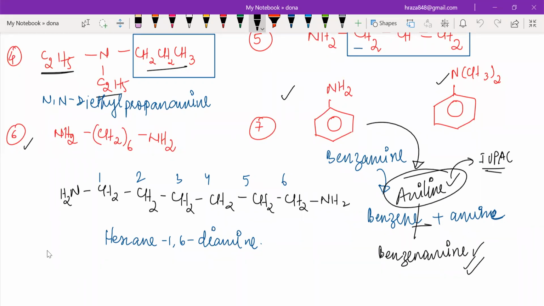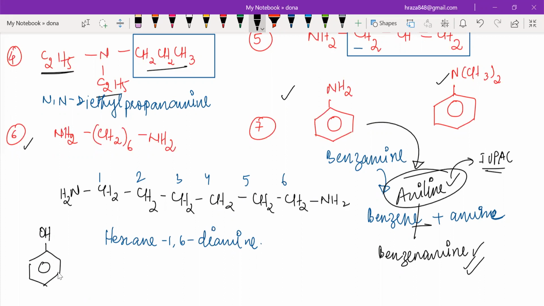What is the IUPAC name of this compound? Phenol. Is it IUPAC or common? It is IUPAC.